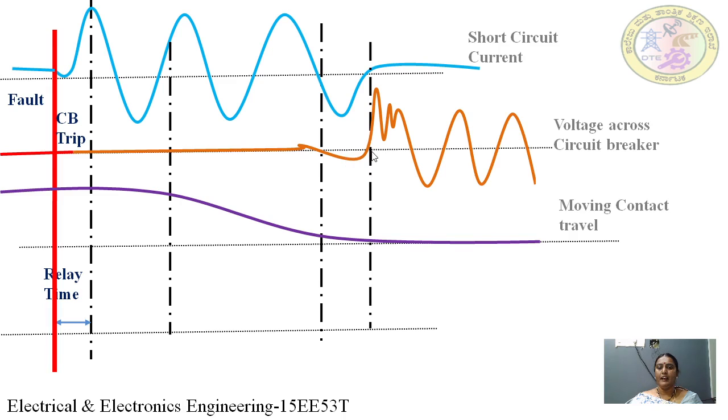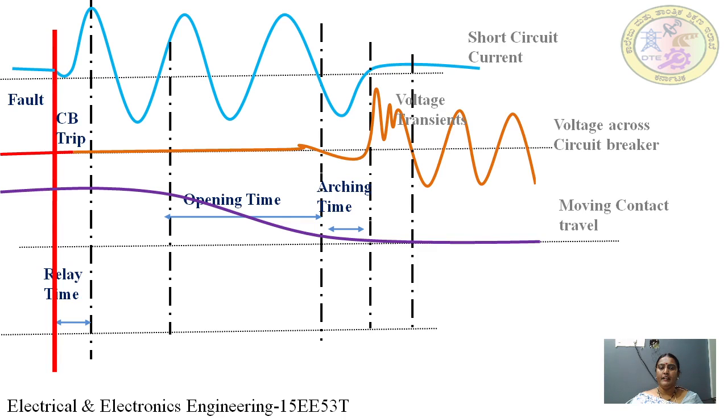Then when the arc current is 0, there is a restriking voltage. Then there is an opening time. The time between the instant of the fault and the opening of the circuit breaker is called the opening time. And the time the arc is present between the contacts of the circuit breaker is called the arcing time.